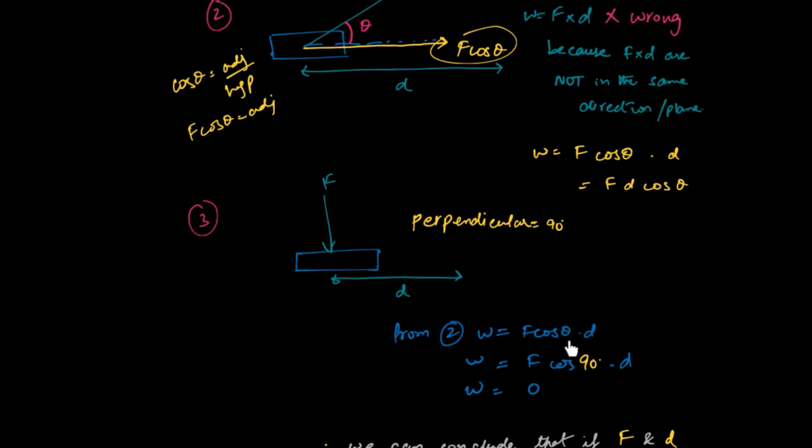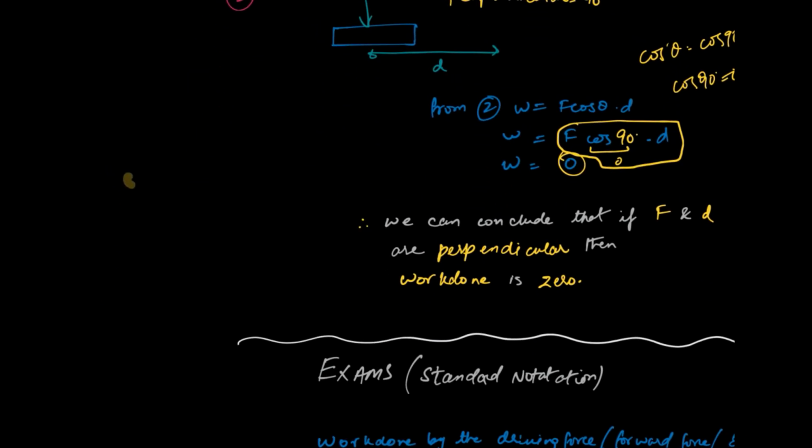So if we replace theta with 90 degrees, cos theta is replaced by cos 90 degrees, and cos 90 degrees is equal to 0. So this value becomes 0, and anything multiplied by 0 becomes 0. So this tells us that if force and distance moved are perpendicular to each other, then the total work done would come out to be 0. So this was the main concept of work done and 3 different scenarios of work done.